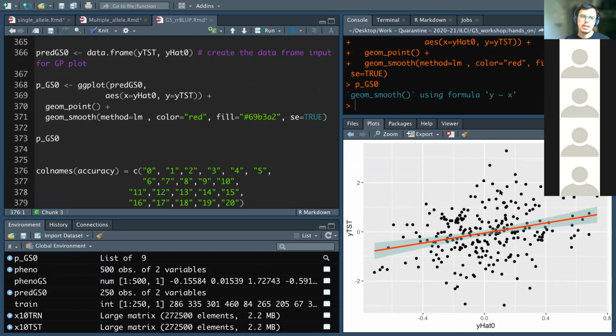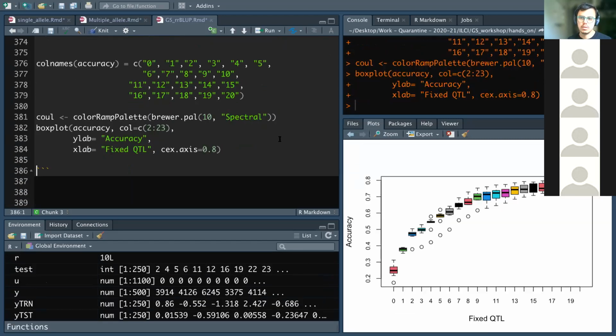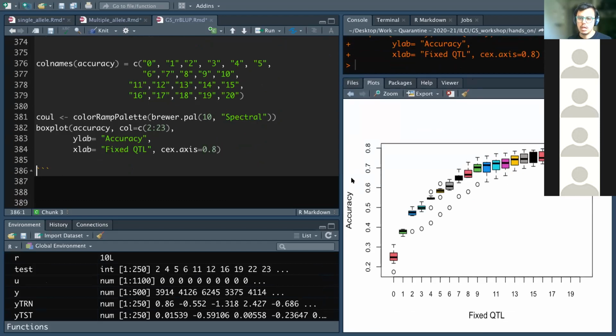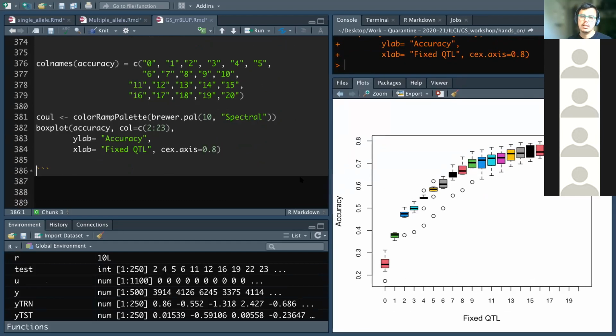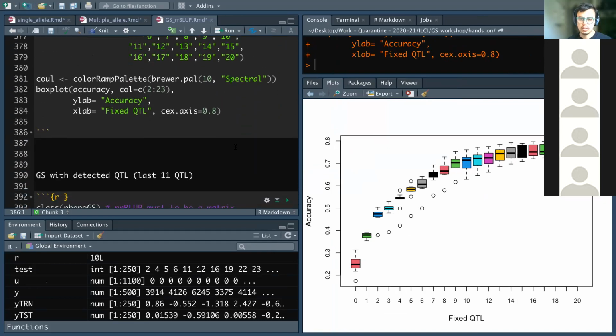As you can see here, when we don't take into account the QTL information for this trait, the predictions are not that good. So it would be good if we can take into account, in this example, the information from the QTLs.